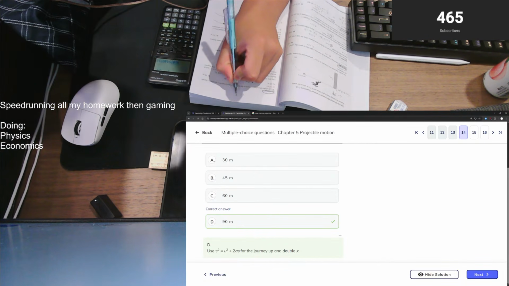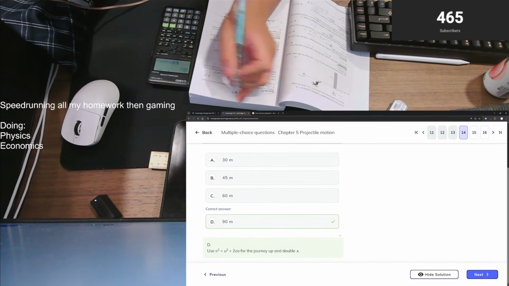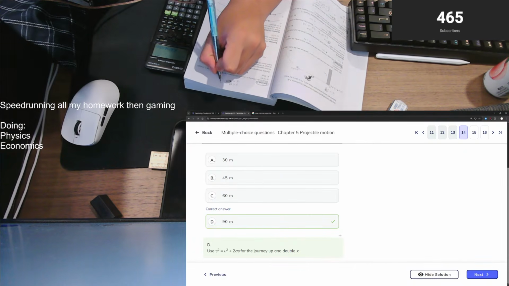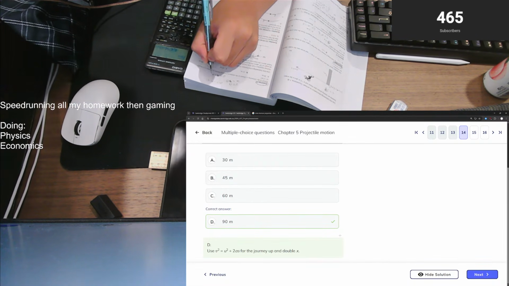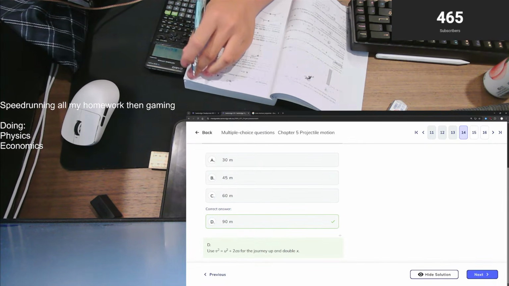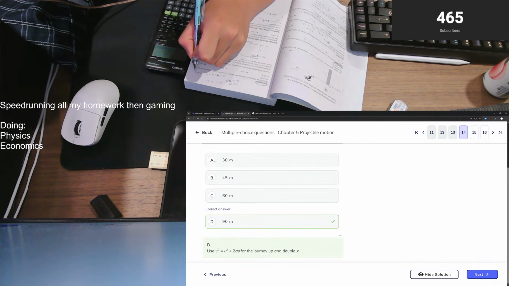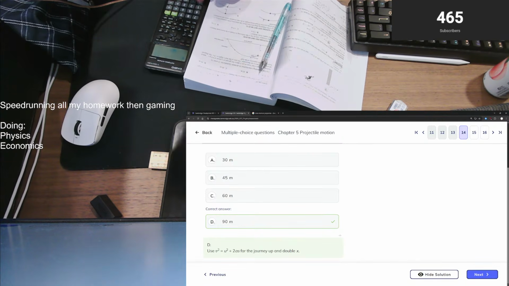We know final equals 0, initial equals 30 somehow. A equals negative 9.81. 0 equals 900 plus 2 times negative 9.81 times S. 900 divided by 2 times 9.81.